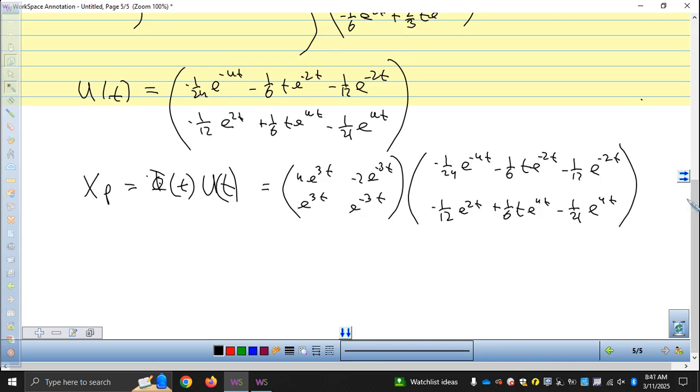And sometimes with this method, the most difficult thing is just writing everything out, not actually doing the math.